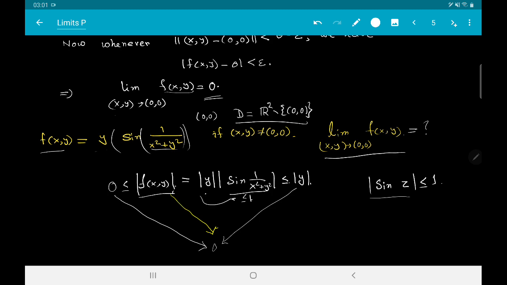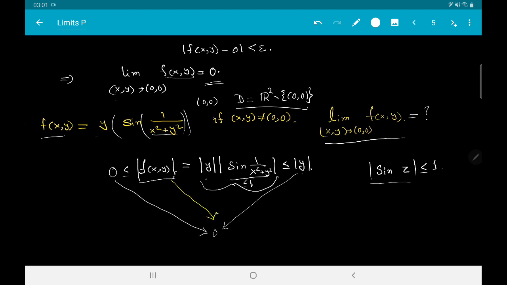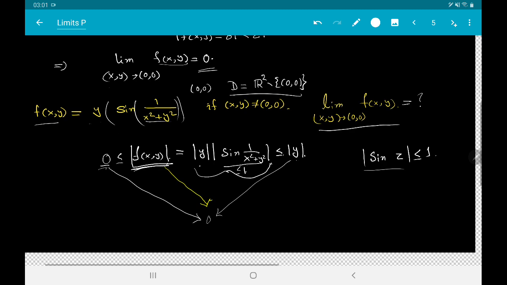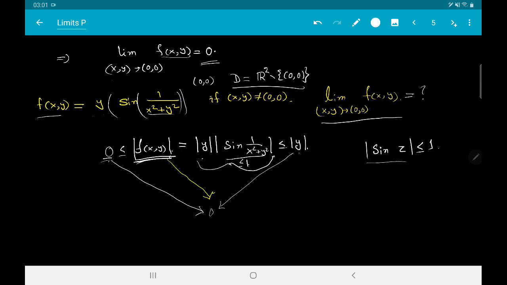So this whole thing is less than or equal to modulus of y. Now this is a non-negative quantity, so we can use the sandwich theorem if you want. As (x,y) goes to (0,0), modulus of y goes to 0, and this function of course goes to 0, then modulus of f(x,y) must go to 0.